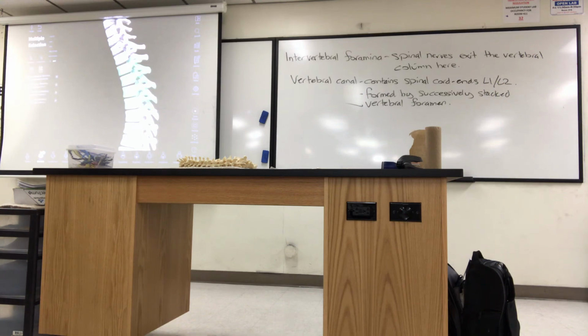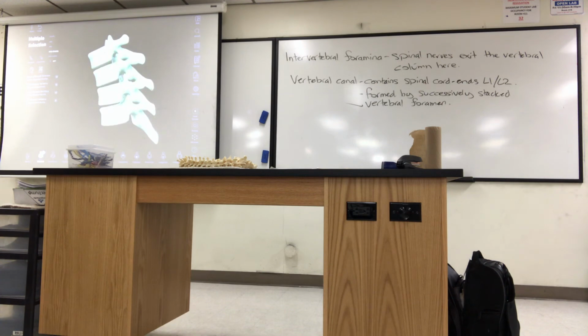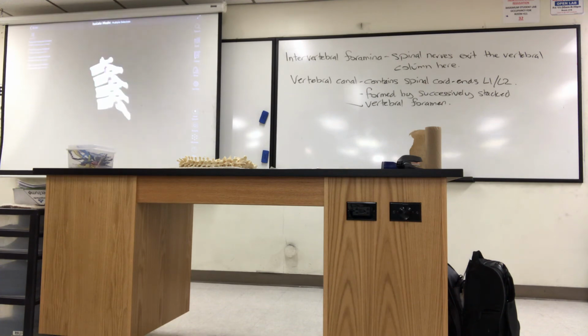I'm going to hide others. So I've got 4 here, and they have this explode feature. So if I explode them apart, you can kind of see down. So that when they assemble back together, you can see how, well, basically I'm trying to show you what a vertebral canal is.